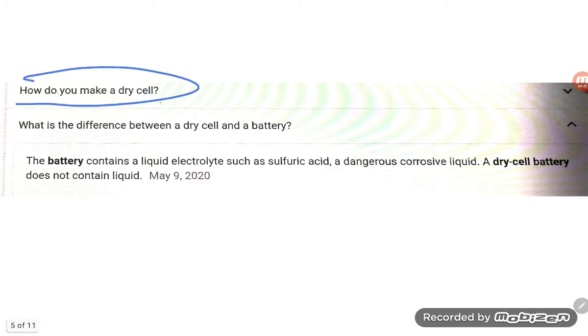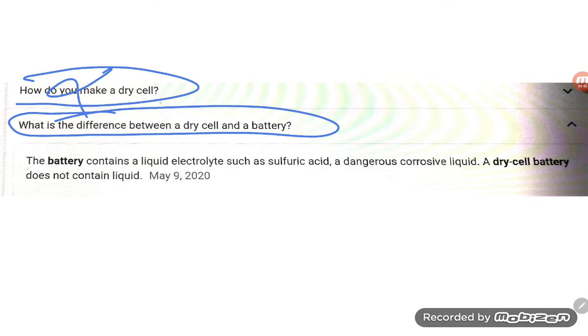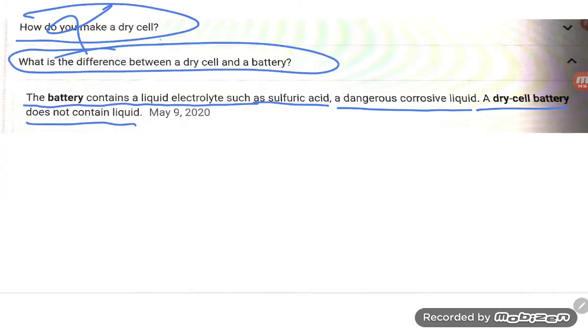What is the difference between a dry cell and a battery? A battery contains a liquid electrolyte such as sulfuric acid, a dangerous corrosive acid. A dry cell battery does not contain any liquid.